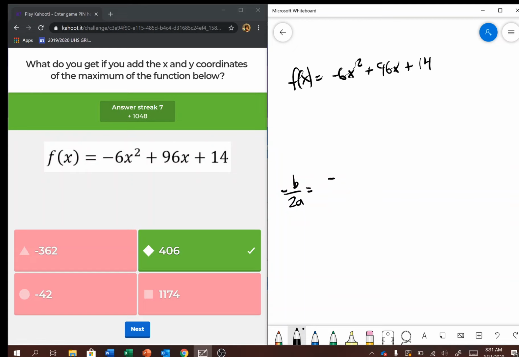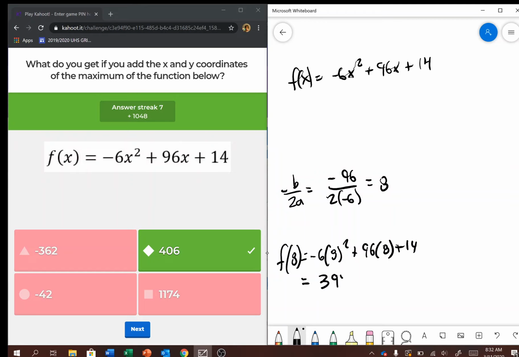That's negative 96 divided by 2 times negative 6, so negative 96 divided by negative 12 is 8. So 8 is the x coordinate of the maximum. If you then plug 8 into that function, you'll find the y coordinate of the maximum: negative 6 times 8 squared plus 96 times 8 plus 14, which is 398. You add them up, you get 406.